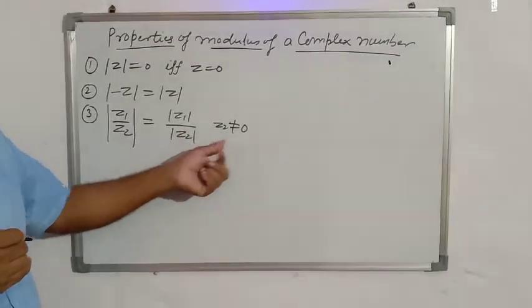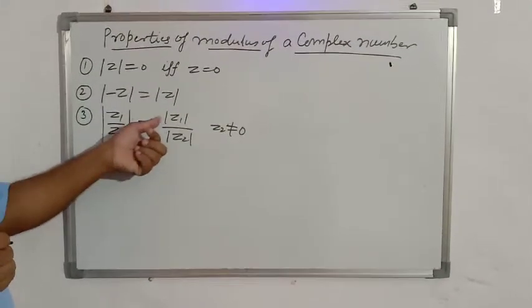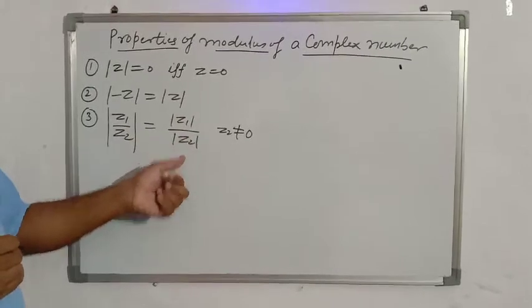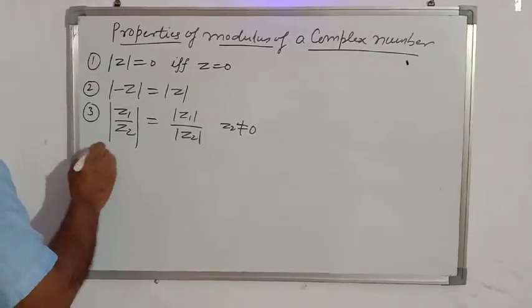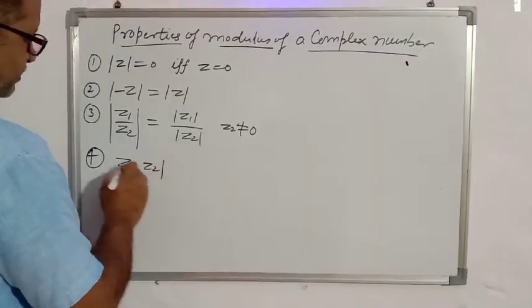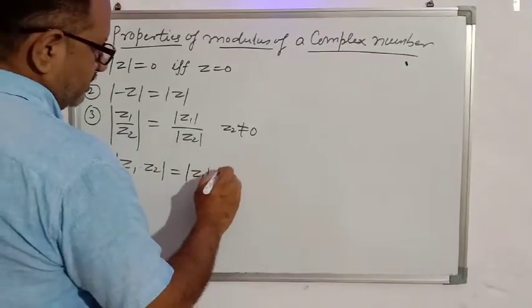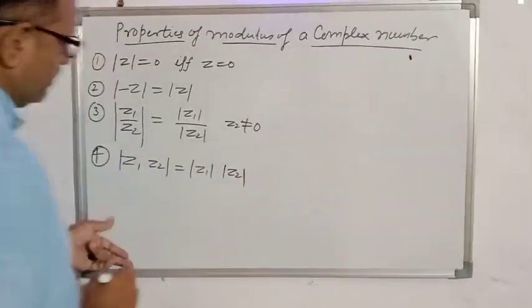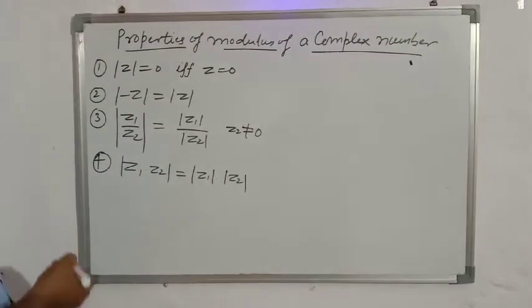Next, mod of z1 into z2, we can write it as mod of z1 into mod of z2. We can separately write it, mod of z1 into mod of z2.